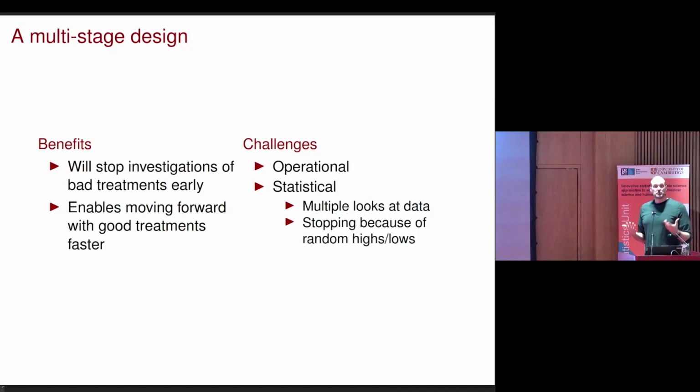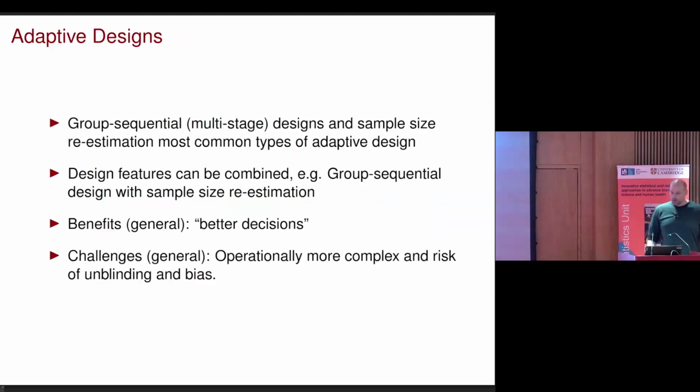There's a risk that we stop because just by random chance, we get a very good result or a very bad result, and that impacts our effect estimation. And I think Philip after me will talk a little bit more about this.